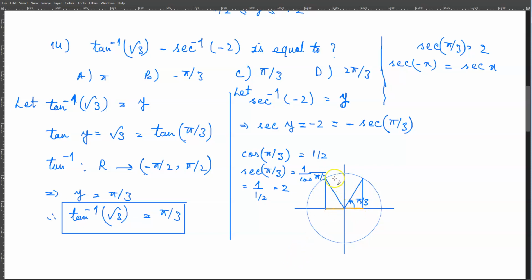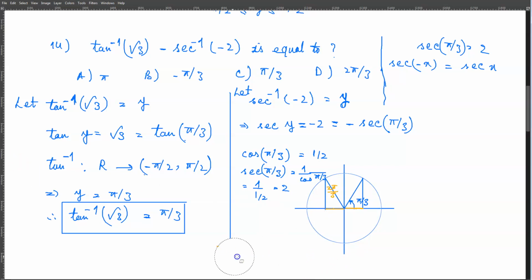And this angle over here is basically pi by 2 plus pi by 6, which is equal to 3 pi plus pi, which is 4 pi by 6, which is equal to 2 pi by 3. So this angle over here is 2 pi by 3.